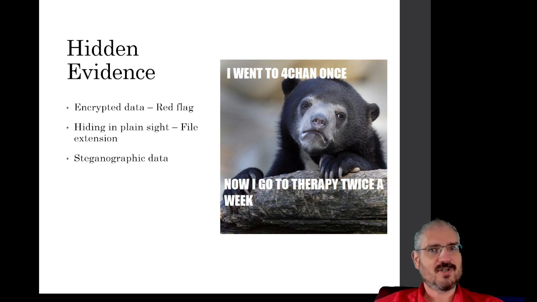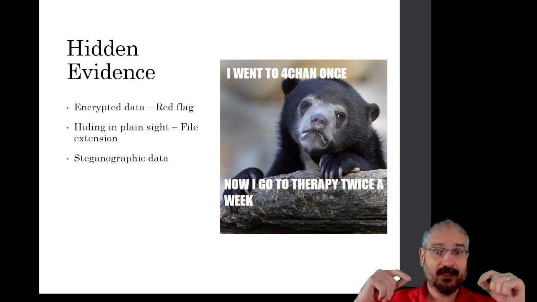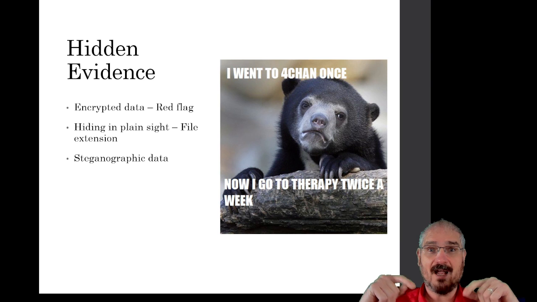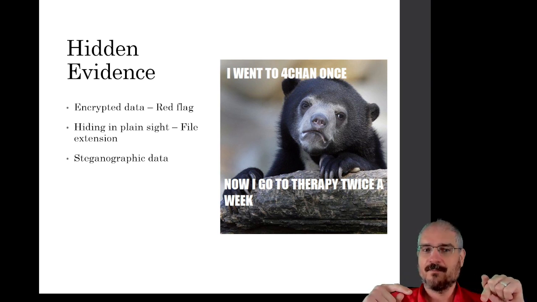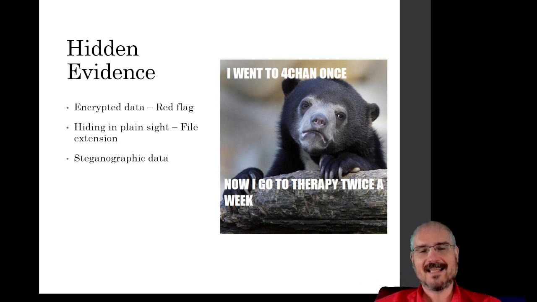Maybe my user should know about this. Hey, user, this file has the wrong file extension listed. So hiding in plain sight might hide that file from regular users, but digital forensic software is going to find it really easily and bring it to the attention of the analyst very quickly.